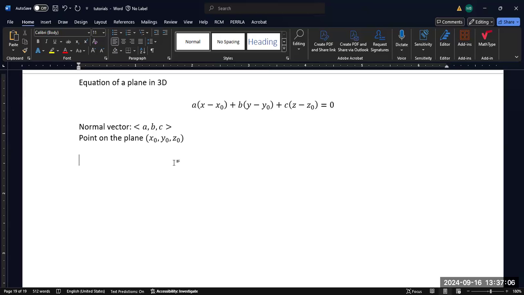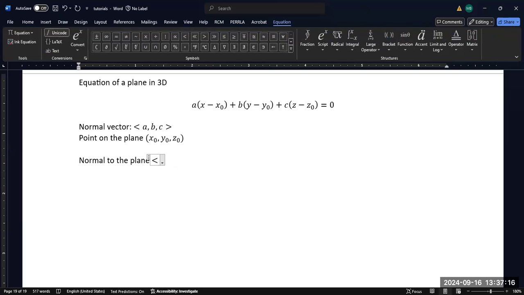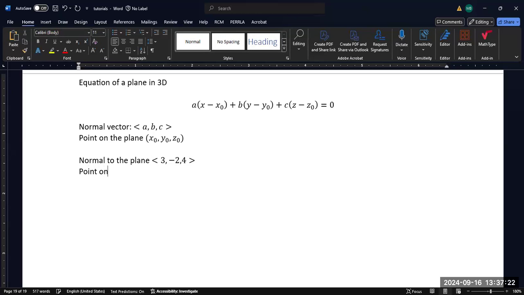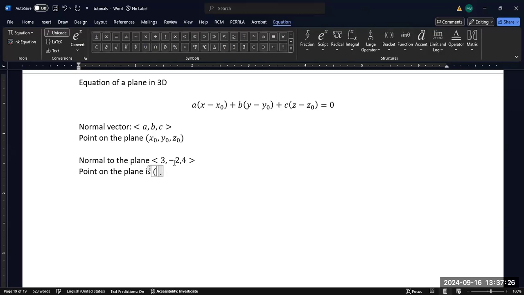So let's say the normal vector to the plane is specifically 3, -2, 4, and a point on the plane is 5, 1, -6.